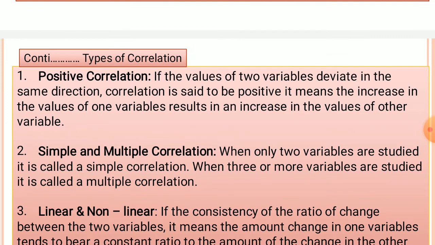This is one type of correlation in which if the values of two variables deviate in the same direction, correlation is said to be positive. It means increase in the value of one variable results in an increase in the values of other variable.